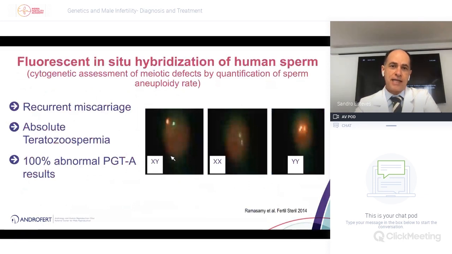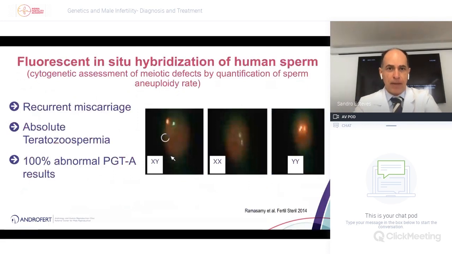In that case, FISH will be a cytogenetic assessment of any meiotic defects that will quantify the aneuploidy rate. So you see that, for instance, there's an increased risk of miscarriage or abnormal PGTA results in patients with a high aneuploidy rate affecting sperm.